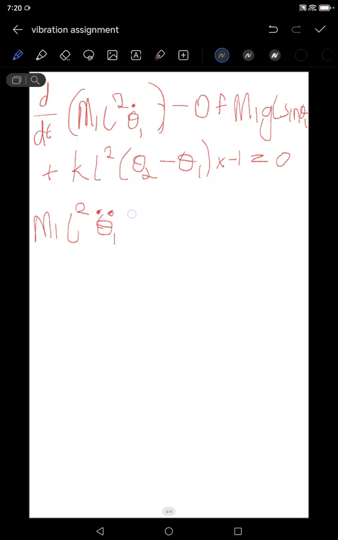Okay, plus m1 gl sine of theta, and then this negative is going to multiply with this one. Then we're going to have negative kl squared theta 2, plus kl squared theta 1.